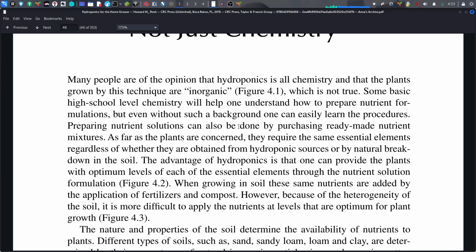As far as the plants are concerned, they require the same essential elements, regardless of whether they are obtained from hydroponics sources or by natural breakdown in the soil.